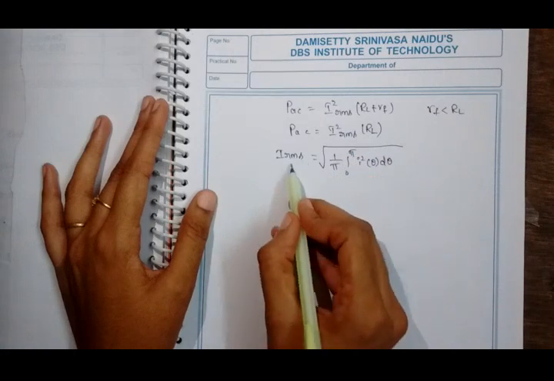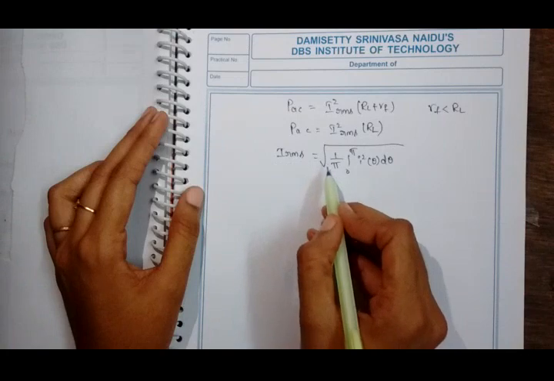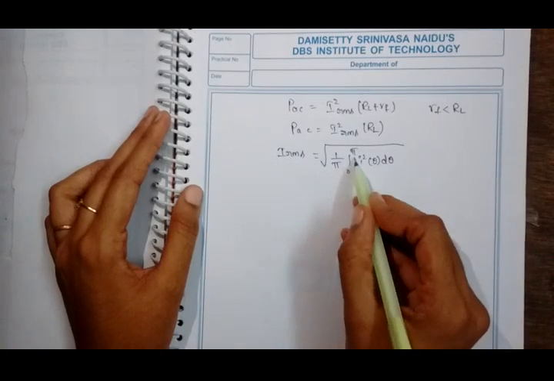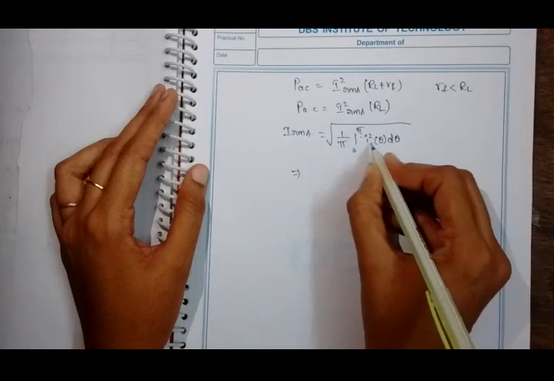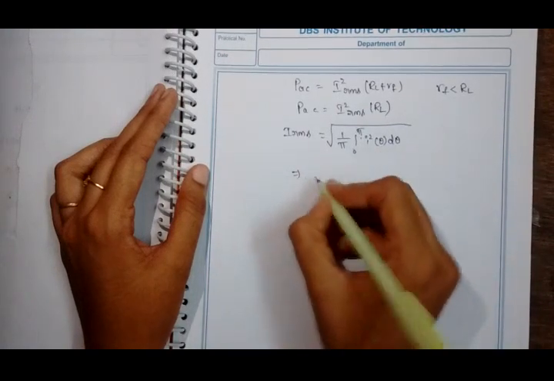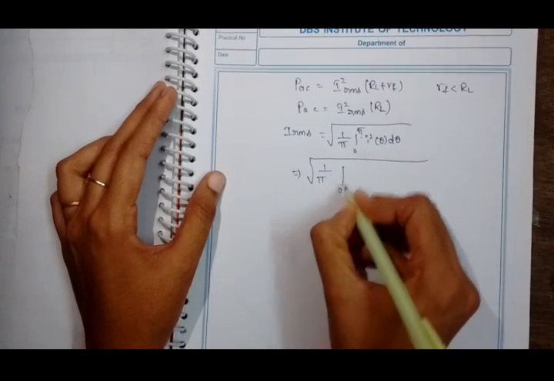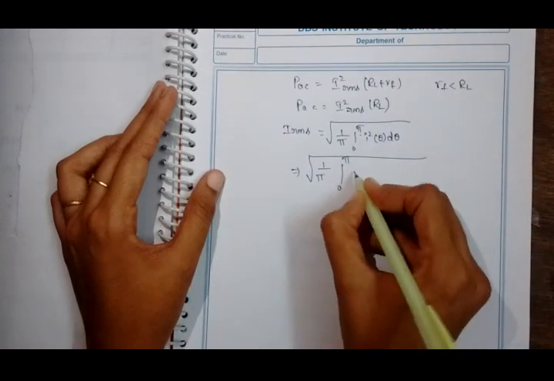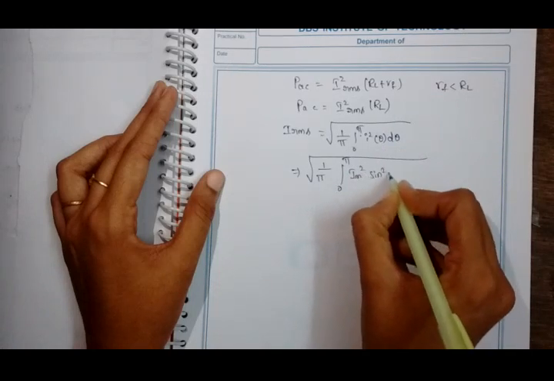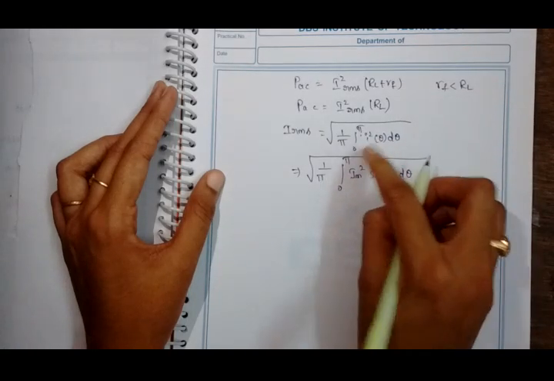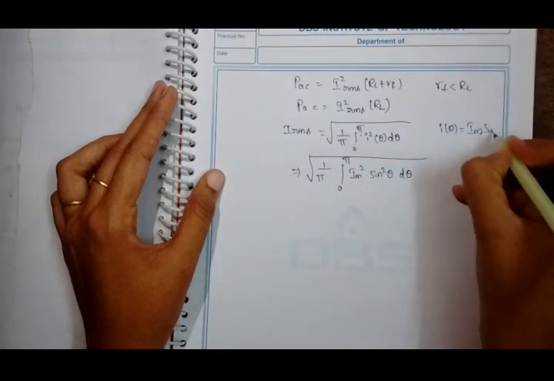IRMS means root mean square value of a current. IRMS is equal to square root of 1 by pi integral 0 to pi I square theta d theta. So just substitute that I of theta value and derive. 1 by pi integral 0 to pi, I of theta means Im square sin square theta d theta, as I said, I of theta is equal to Im sin theta.